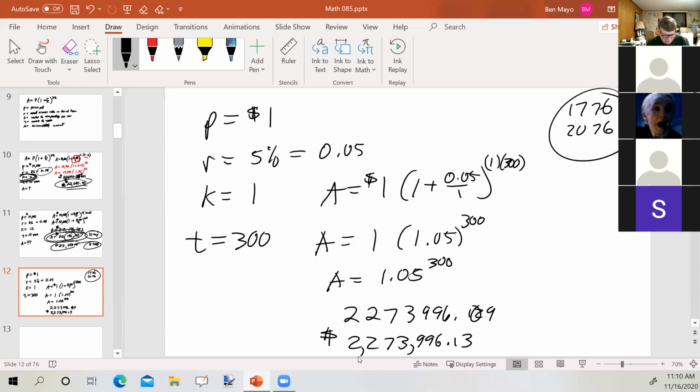So that $1 invested would be worth $2,273,996.13.